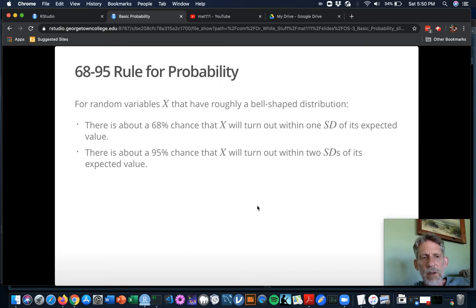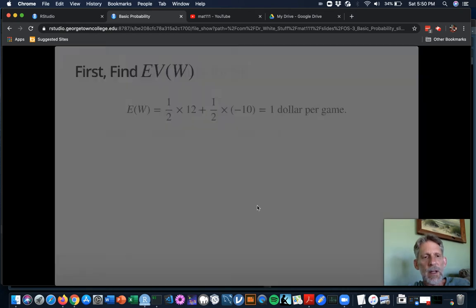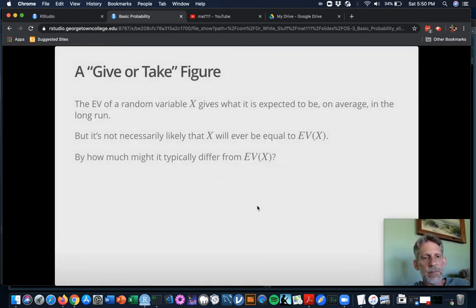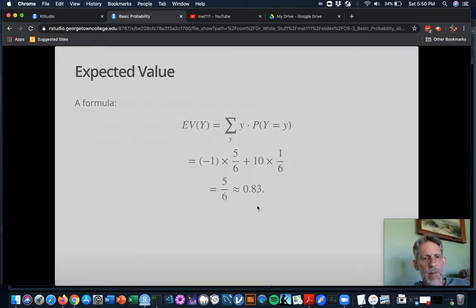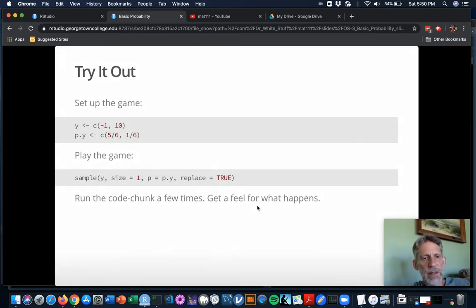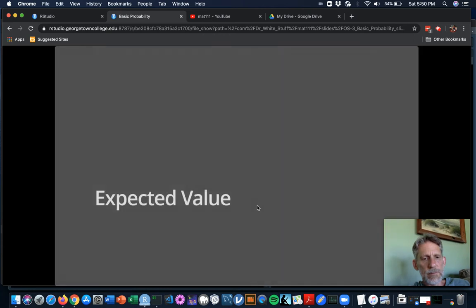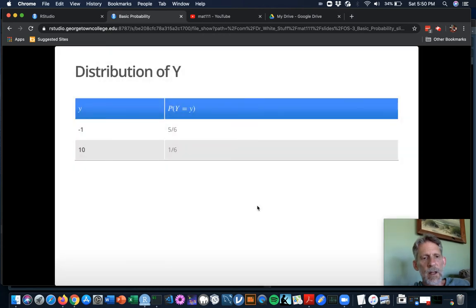Now, some random variables have pretty weird distributions, like the one with the dice, thinking way back to the beginning here. Basically you're going to get a minus 1, but you had a little chance to get something way off of it, a 10.